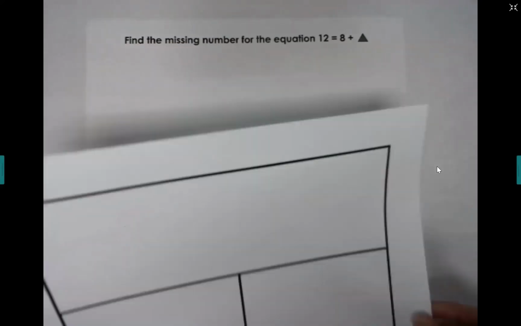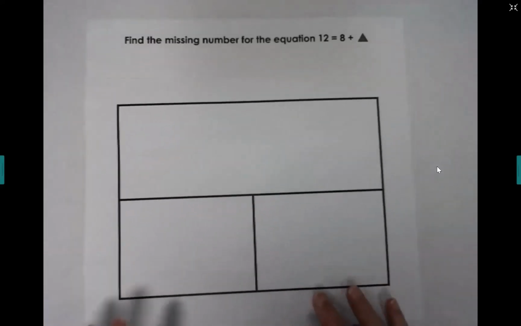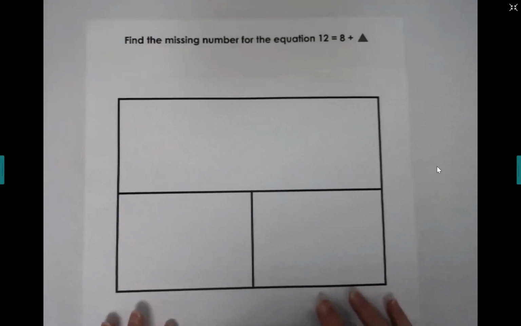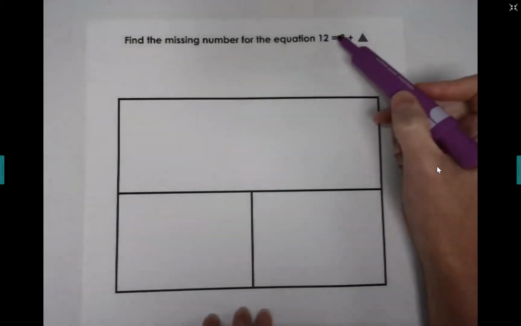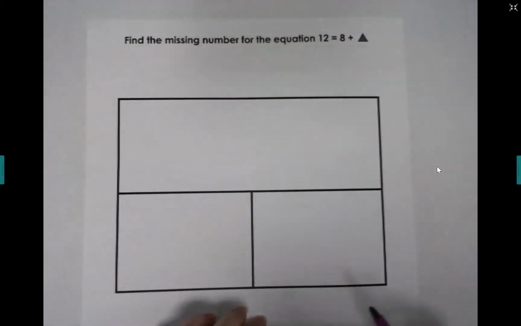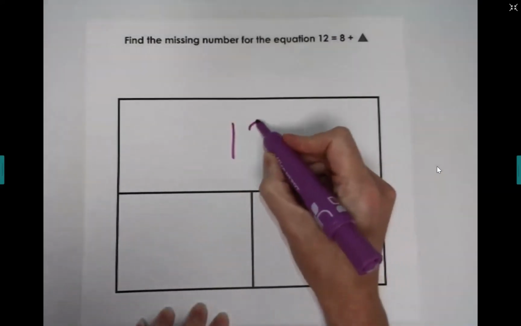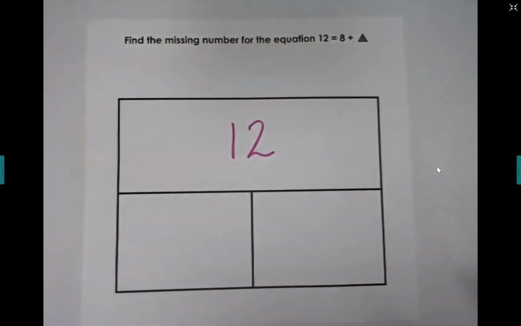Okay, so one way students might do this and help them think through this equation is with part-whole math, right? So when I'm looking back at my equation, I see that I have a sum of 12, right? That 12 is my total or my whole. So I'm going to write 12 here.